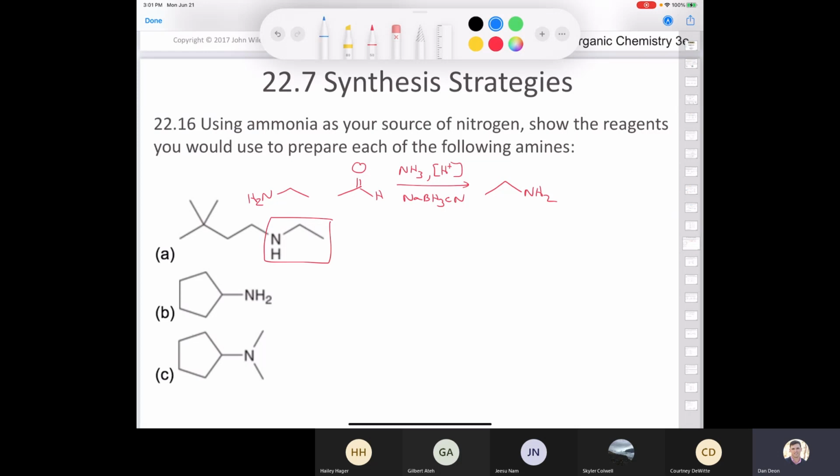Then all I want to do is add all of these carbons over here, so I can just use an aldehyde again. I'll take this molecule and treat it with this aldehyde, a catalytic amount of acid, and sodium cyanoborohydride, and that's going to give you the desired product.